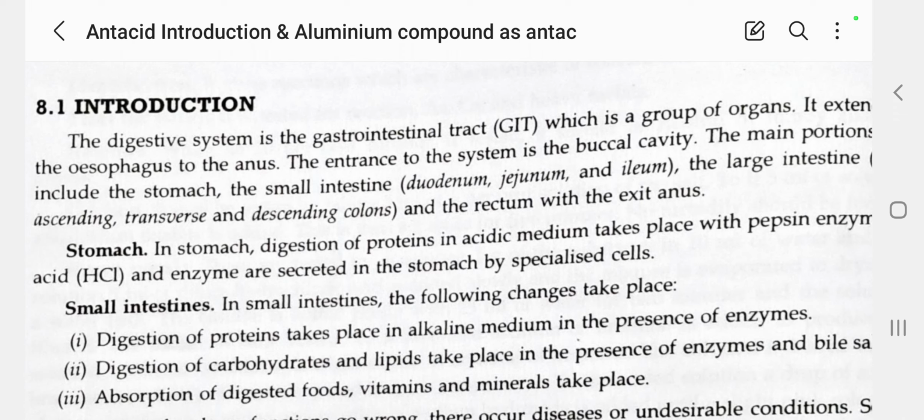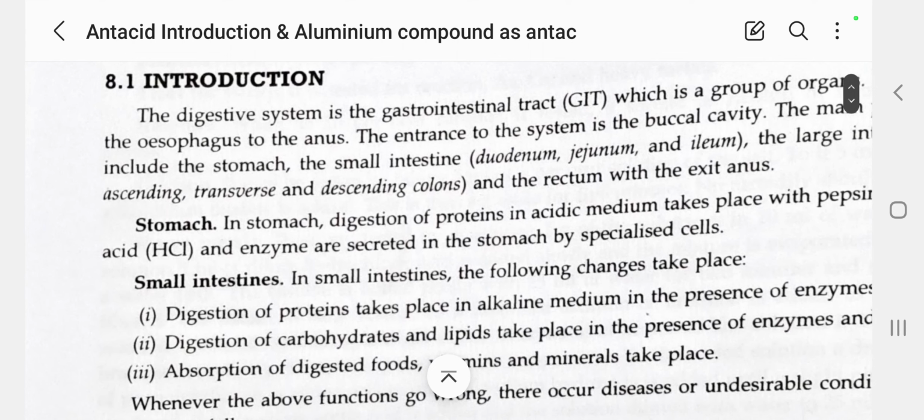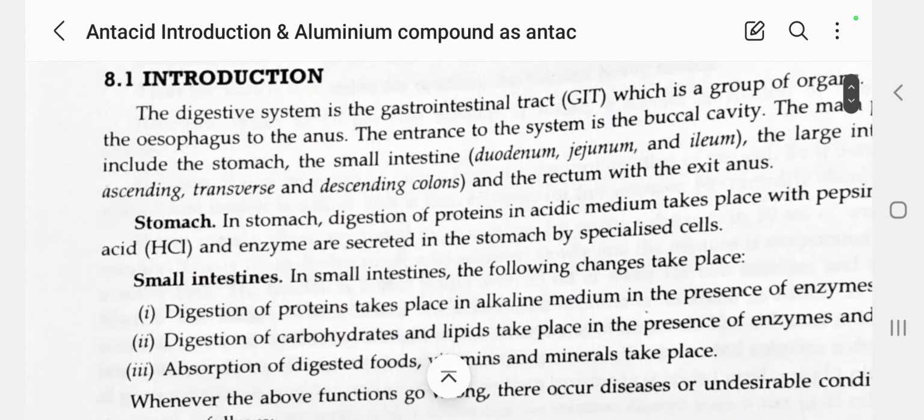The main portion includes the stomach and the small intestine. The small intestine has duodenum, jejunum and ileum, and the large intestine has cecum, ascending, transverse and descending colons, and the rectum with the exit anus.